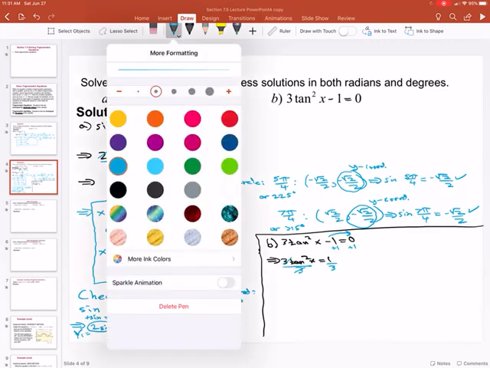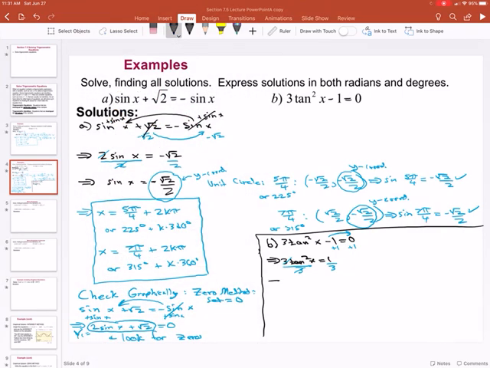We now have tan squared x equal to 1/3. And then I want tangent, not tan squared. I'm solving for x. Since we've isolated the squared term, think of this as a quadratic, we can take the square root to get to x.